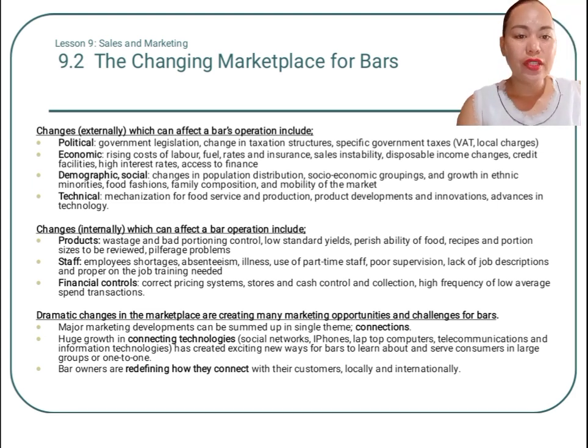So when we say changes externally, it is the changes outside of the bar operation which may affect their bar operation. So under political, an example is our law, taxations, and VAT.